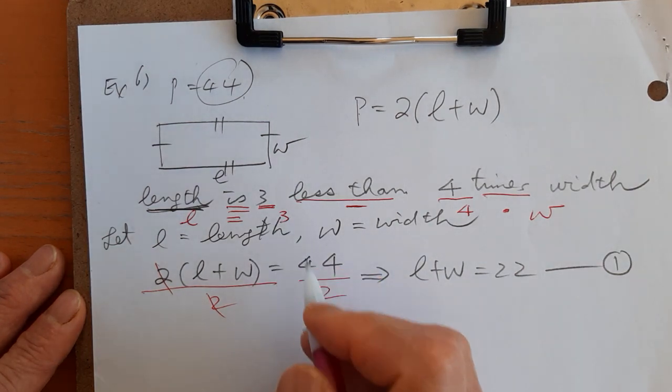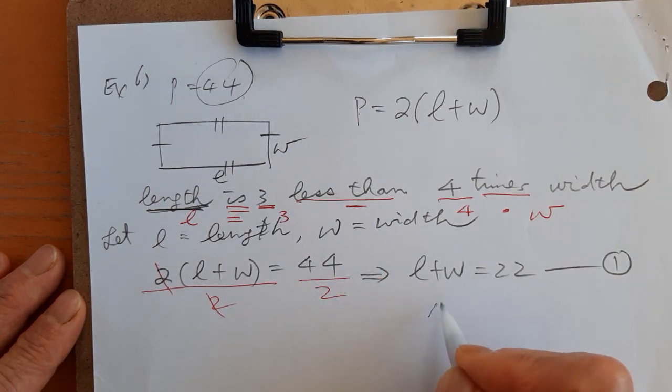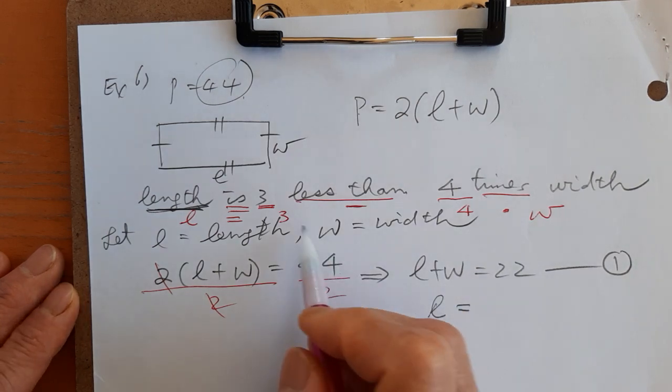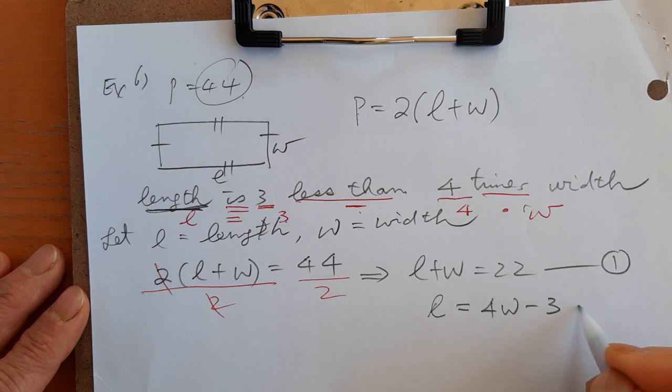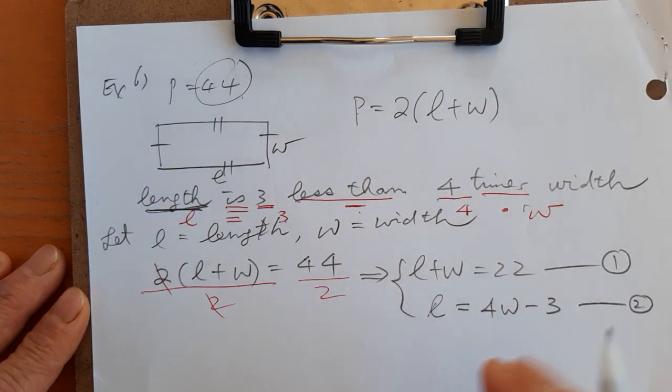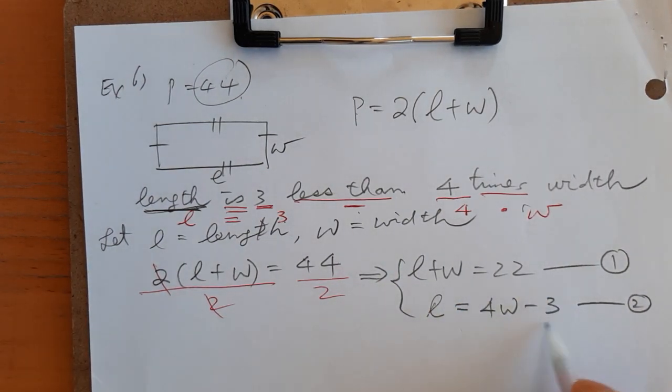You cannot put just 3 minus 4W. You have to put 4W minus 3. That's the second equation. The length is 3 less than, subtracted from, 4 times the width.